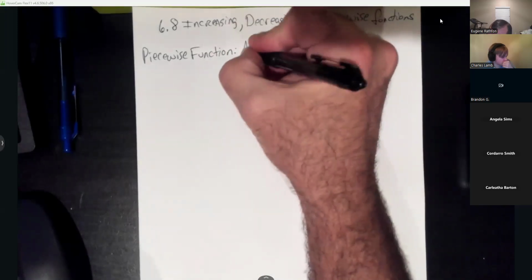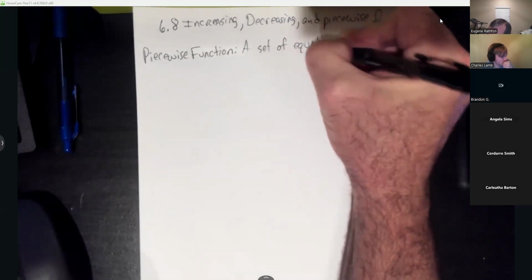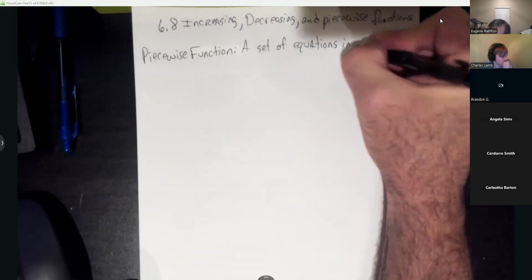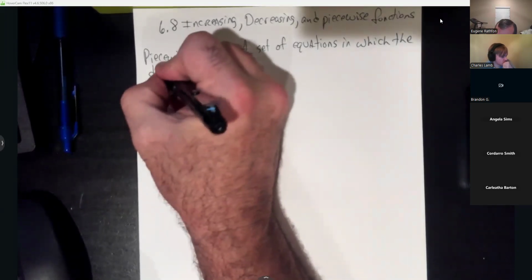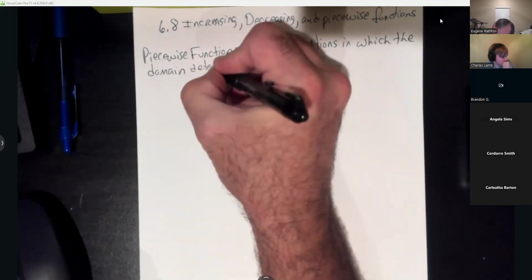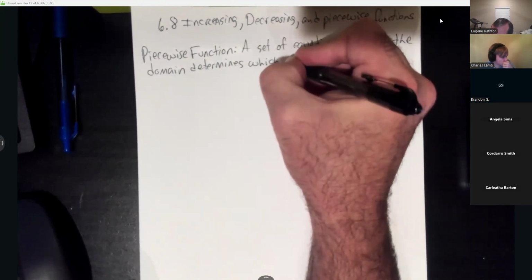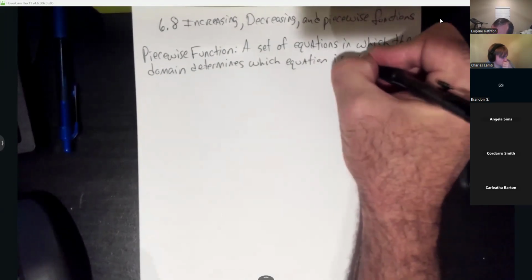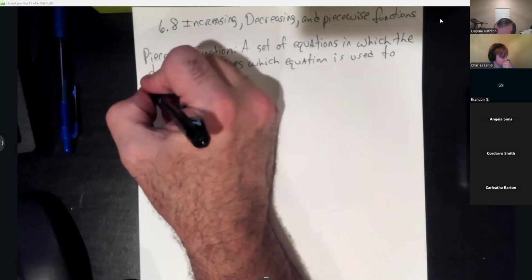So a set of equations in which the domain determines which equation we use to evaluate a given x value.